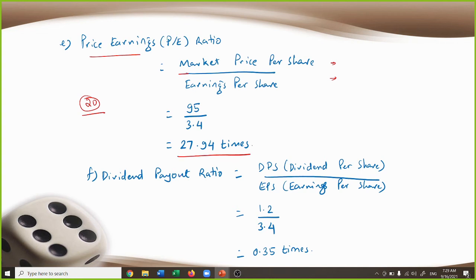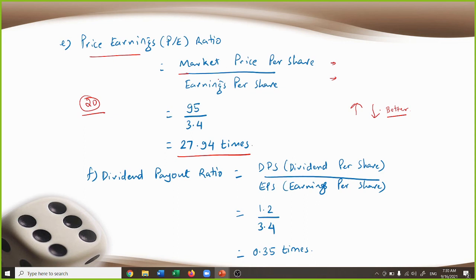There may be some companies that have declining sales, declining reports, and the market price is declining, so the price earning ratio is declining. So it's not better when we have a very low price earning ratio.